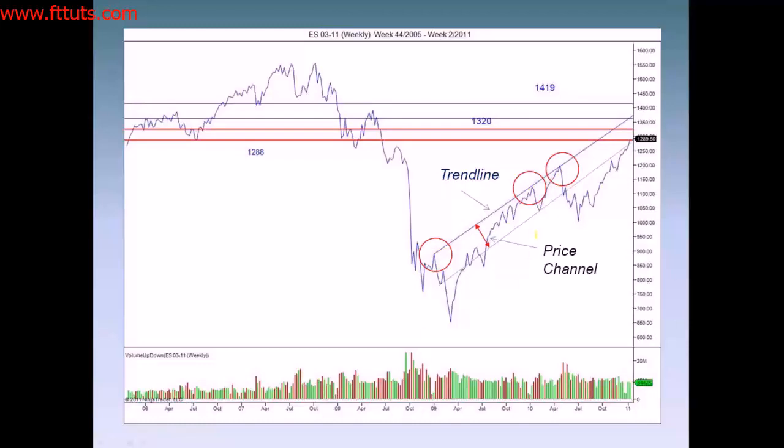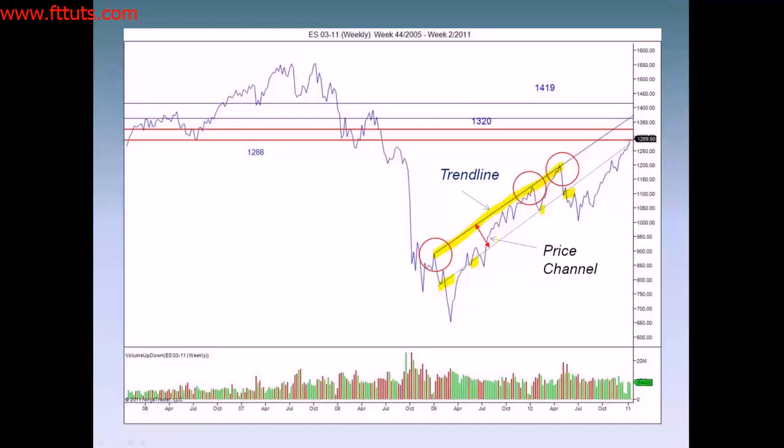So we begin with 2 points, but the more the merrier along the way. The more points, the more potency it adds to the trend line. Now, as we connect the highs, it also makes sense to connect the lows. And if you notice here, we have a number of lows, and when we connect them, we come up with another trend line on the bottom side of the movement. What we call this is a price channel.